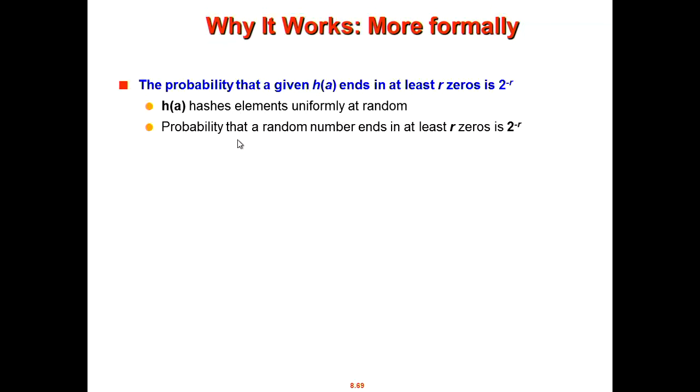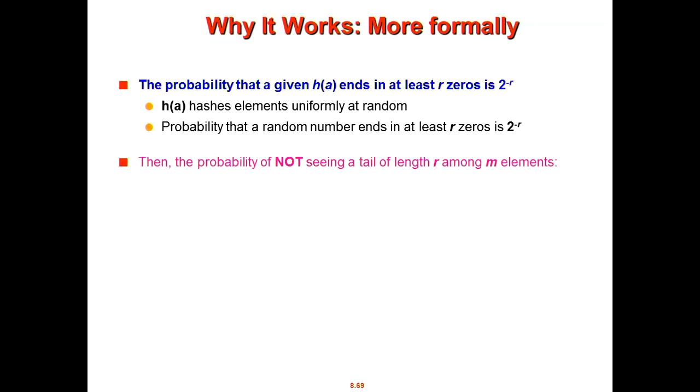Then the probability that a random number ends in at least R 0s is 2 to the power of minus R. It's still based on the previous observation, because about 50% of the elements are hashed to a value with only 1 trailing zero, and 25% are hashed to values with 2 trailing zeros.